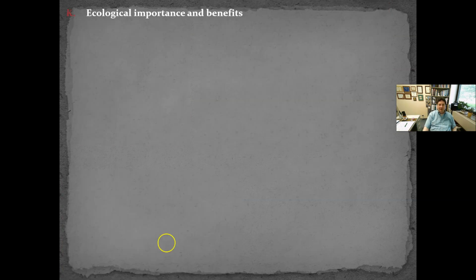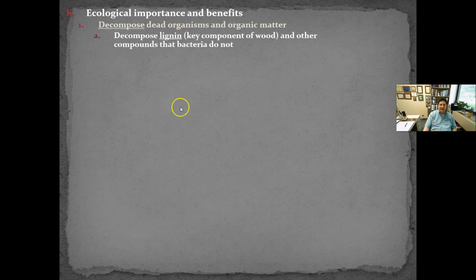All right? Now, what about ecological importance and benefits? Fungi, everyone, are very highly beneficial. The main thing they do is decompose dead organisms and organic matter. And very interestingly, fungi can decompose what's called lignin. Lignin is a key component of wood.